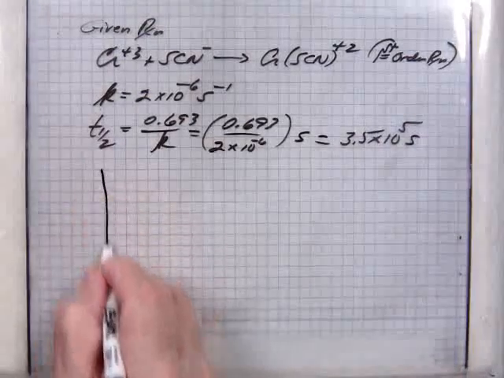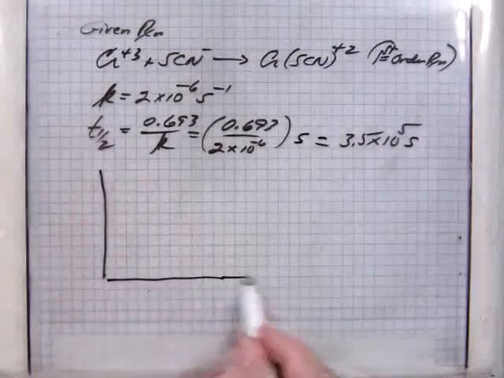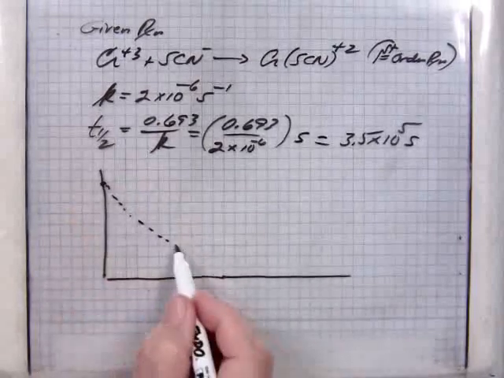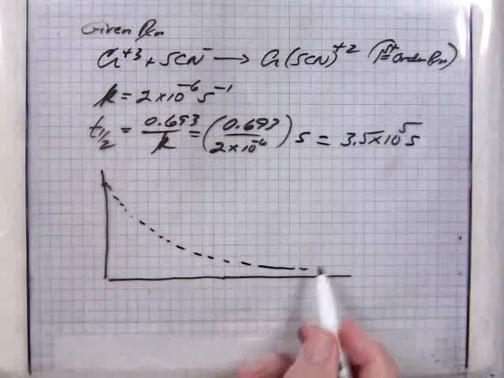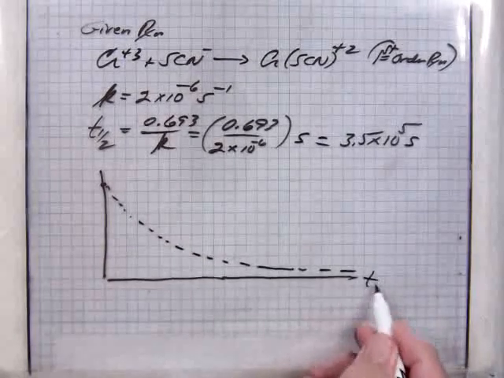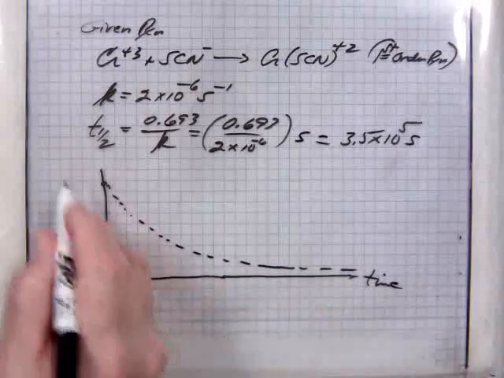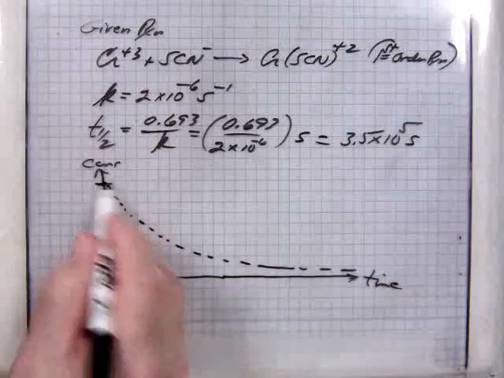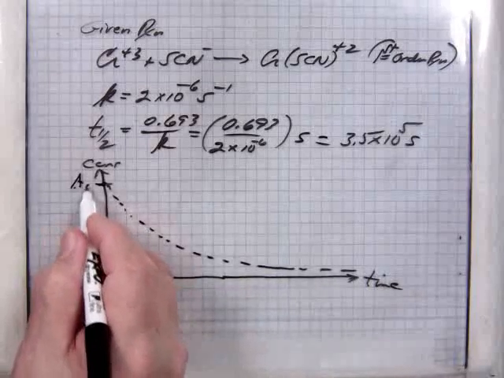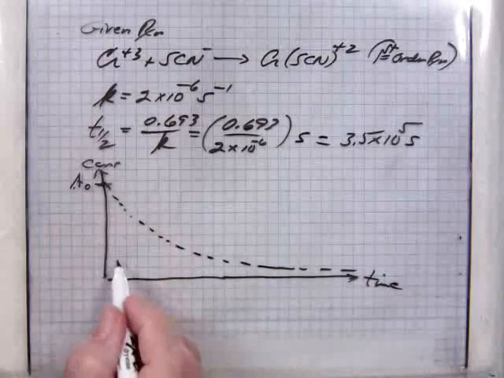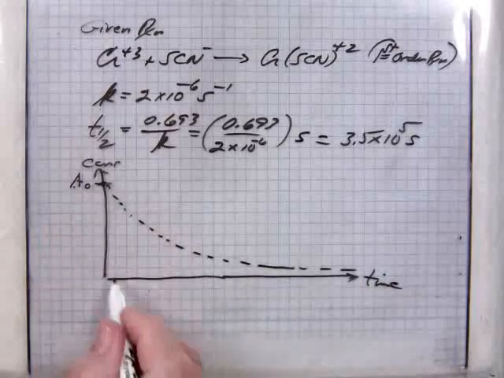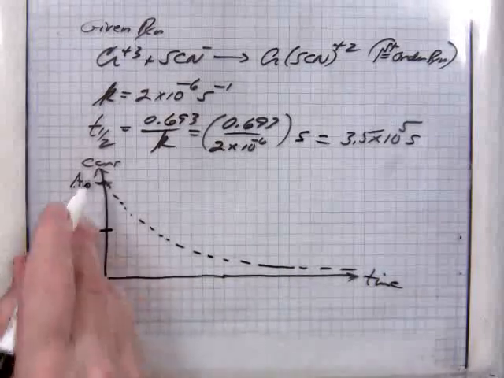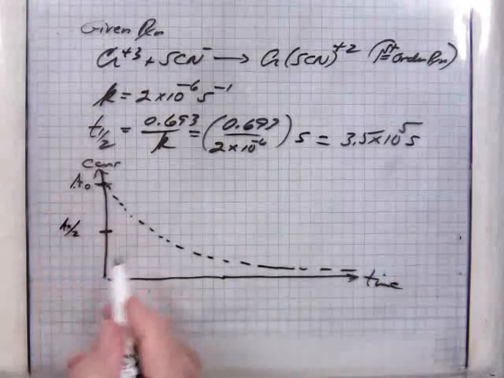So what that means is, if this is a first order decay, we'll follow a trend like this as a function of time and concentration. This is your initial concentration, and of course 1, 2, 3, 4 half-lives. This would be A naught over 2, first half-life.